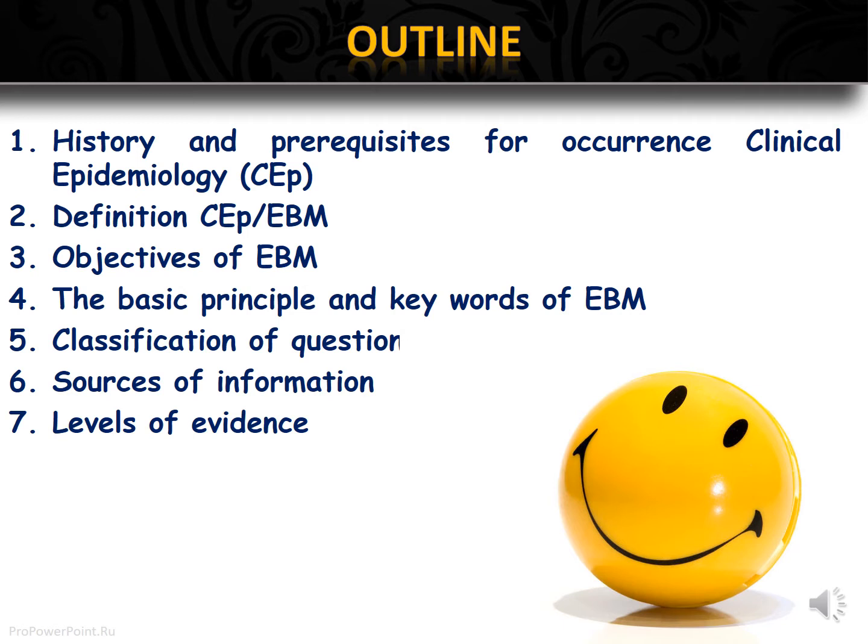Then the classification of different questions, because they play an important role when you try to find professional information in your sphere, when you try to decide which method or treatment is better for your patient, one or another method, and why one method is better than the first, the second, and maybe the third approach, and so on.